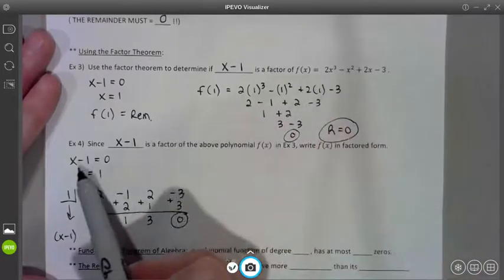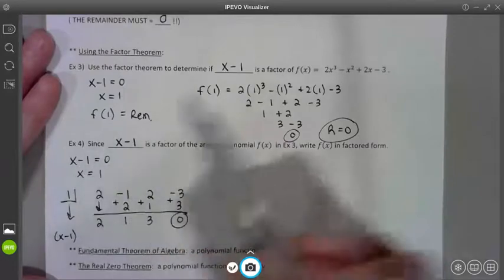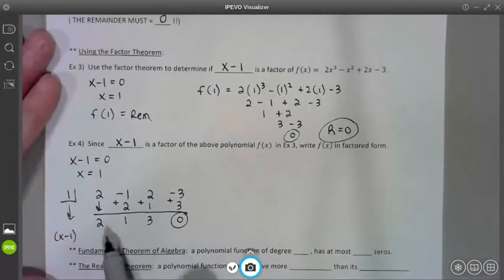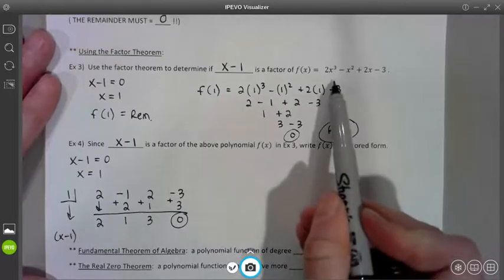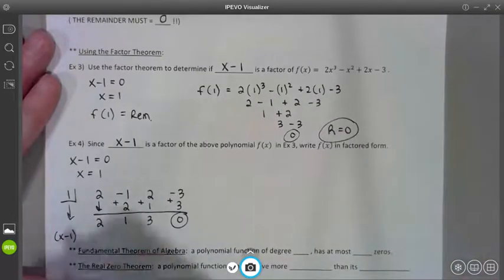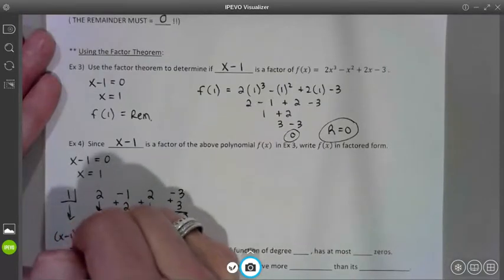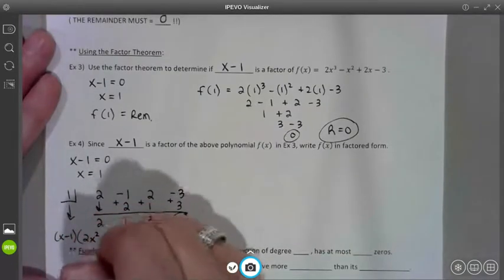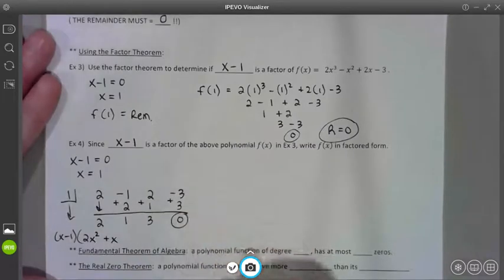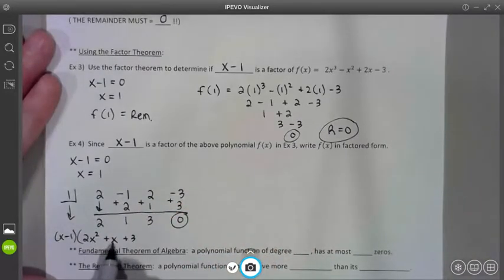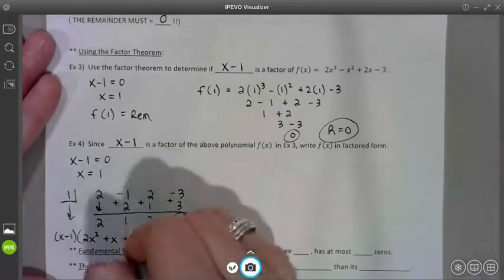Because if I take a linear degree 1 polynomial and divide it into a degree 3 polynomial, my answer will be a degree 2, 1 degree less than the original polynomial. So this is going to be the coefficient to a 2x squared term, plus that's the coefficient to a 1x term, and then that becomes a just number, right? X squared, x to the first, and then no x's.